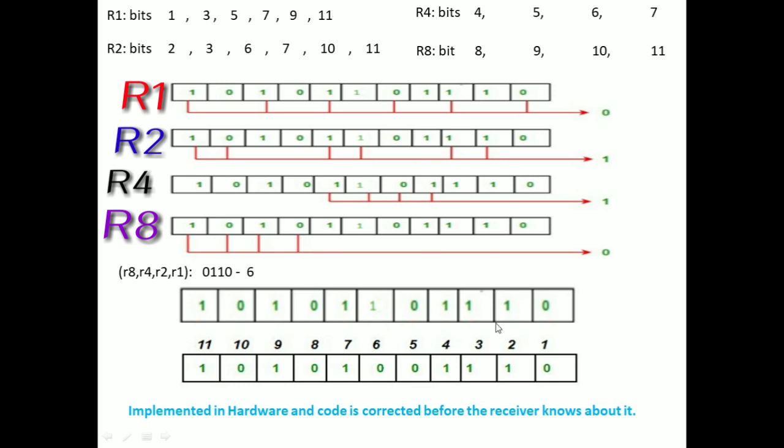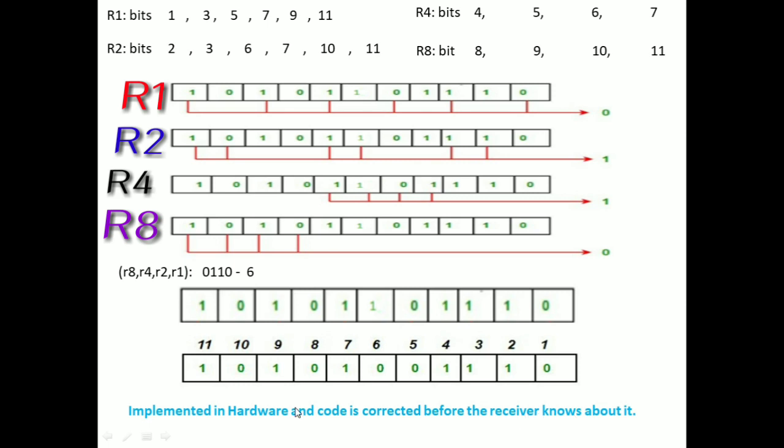See, this is the information received by the receiver hardware. As it has detected that the error is at the 6th position, to correct this error, the receiver hardware will simply flip the 1 bit to 0 and then send the information to the receiver. The beauty of this Hamming code technique, when implemented in hardware, is that the code is corrected before the receiver knows that there is an error.